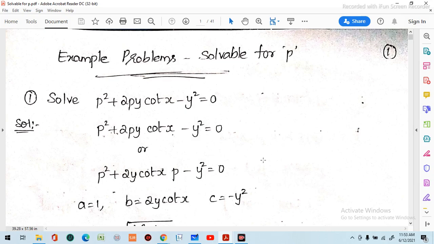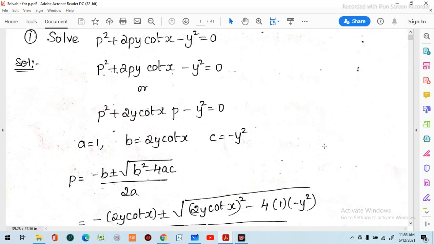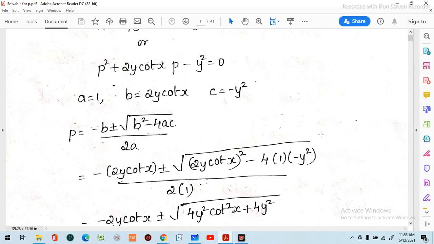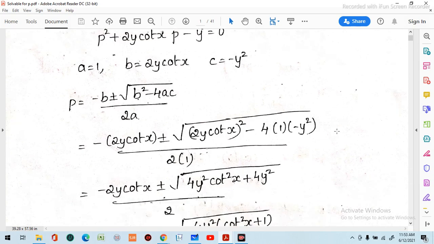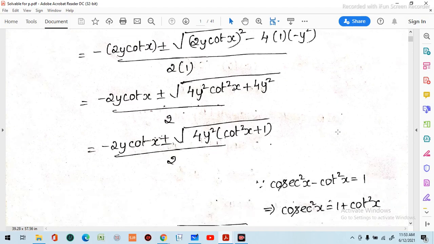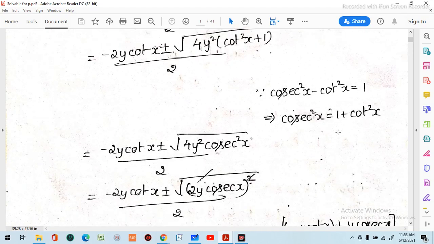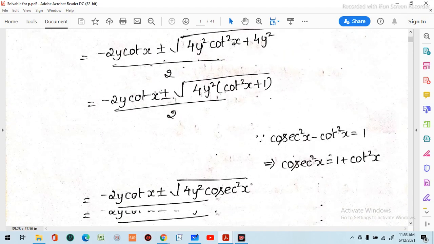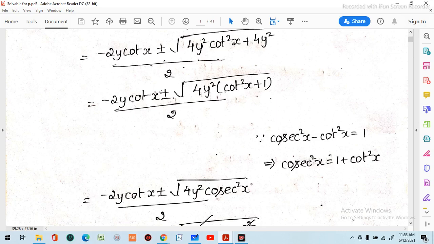Similarly we will go with the same method. Can you see the quadratic formula and all? Same method we have done now. Same method it goes, but some of the trigonometric identities we should know. That I have written over here. What is that? Cosecant square x minus cot square x is equal to 1. So instead of that we will replace it.